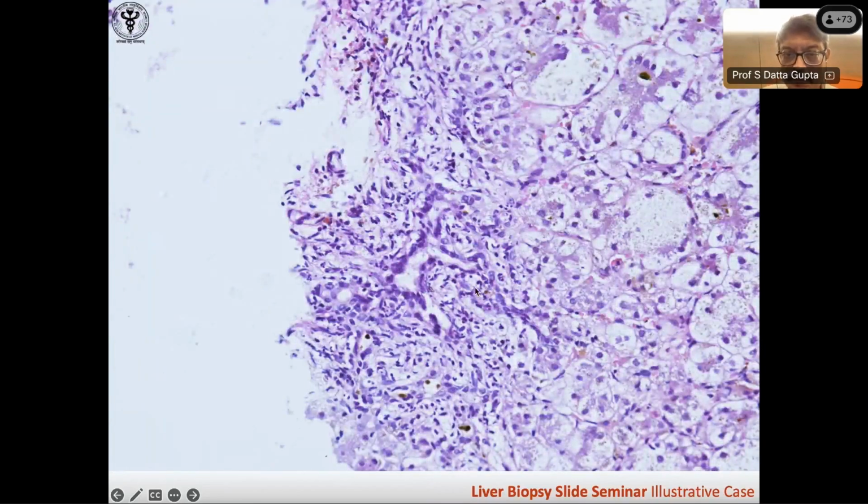Here also, portal tract, bile duct with this inflammation here. This is an apoptotic body here for you, right? This is a very nice example. Ballooning change with inflammation, mainly lymphocytes and cholestasis, and then of course some cells with 3 nuclei.